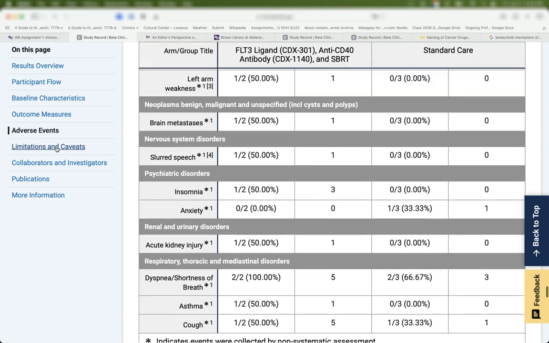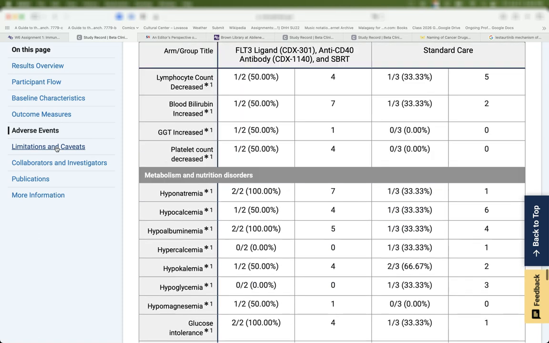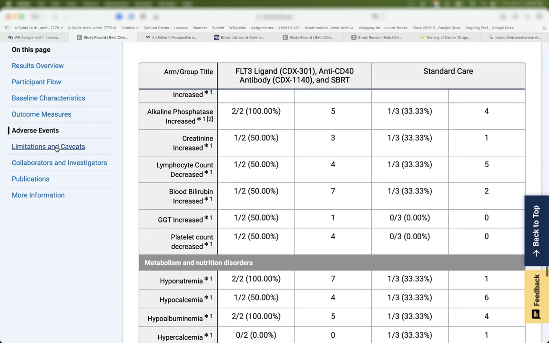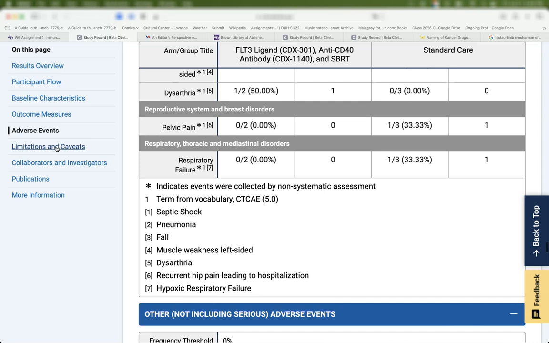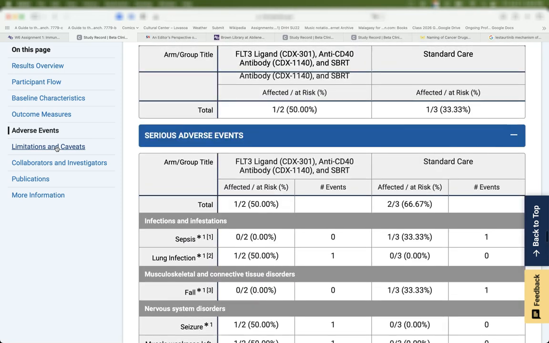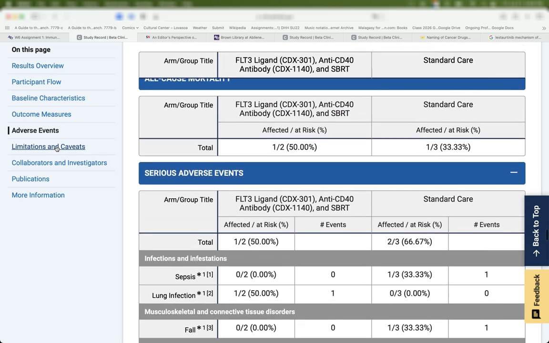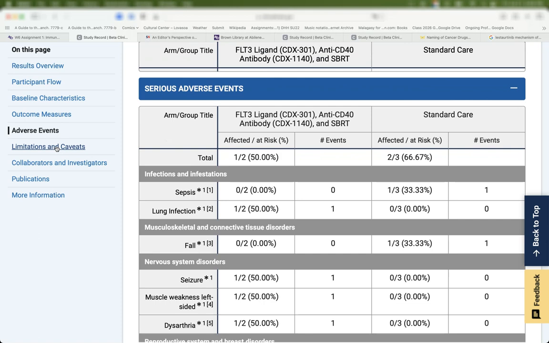And we see that we have some side effects listed here, and you can look and see the incidence here, keeping in mind the size of the trial. If we're looking at the serious adverse effects, fortunately, with the trial, given a small sample, we see no endotoxic sepsis, that's good.